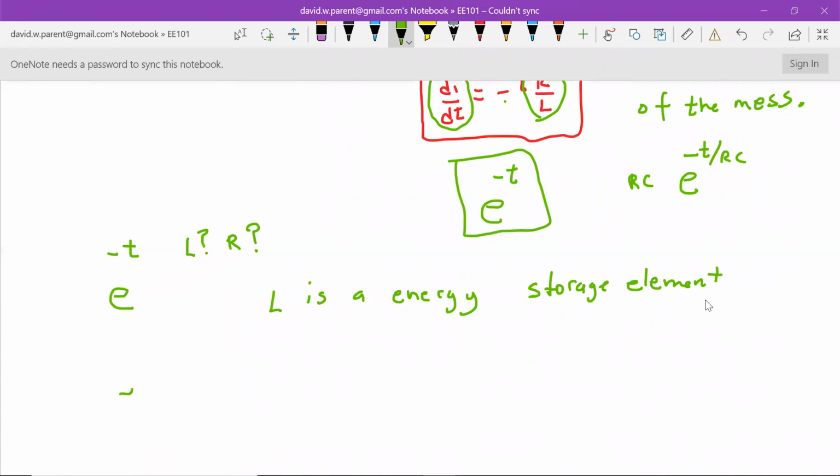Well, what will make that happen? E to the minus t over L. So the bigger L is, the slower this will decay, right?